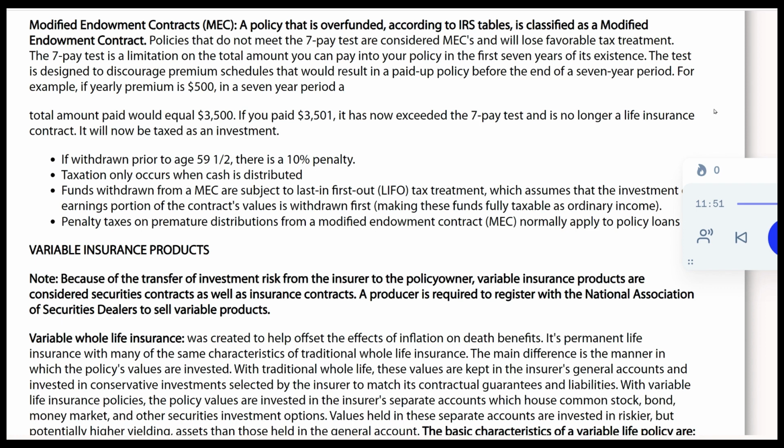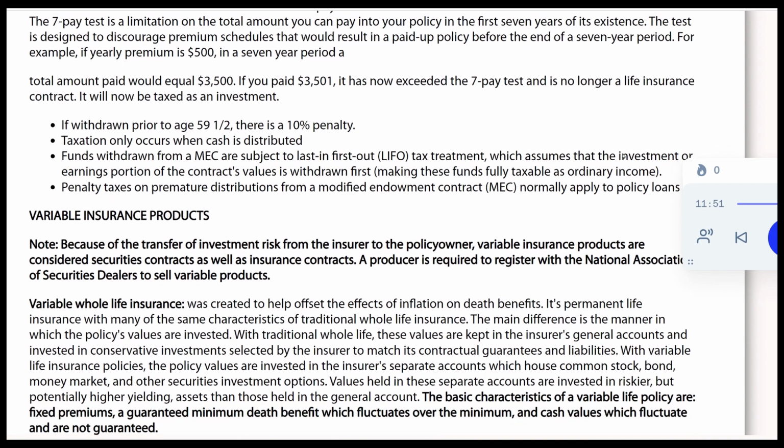With traditional whole life, these values are kept in the insurer's general accounts and invested in conservative investments selected by the insurer to match its contractual guarantees and liabilities. With variable life insurance policies, the policy values are invested in the insurer's separate accounts, which house common stock, bond, money market, and other securities investment options.